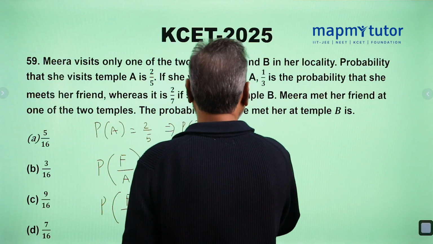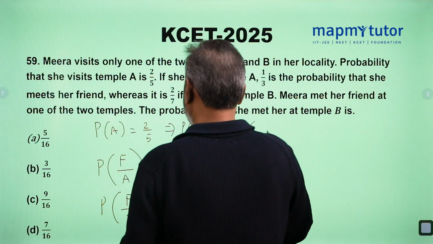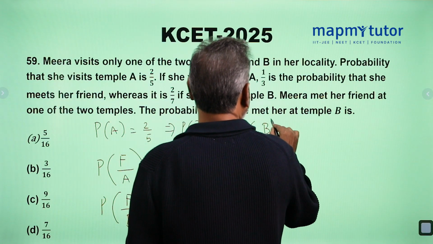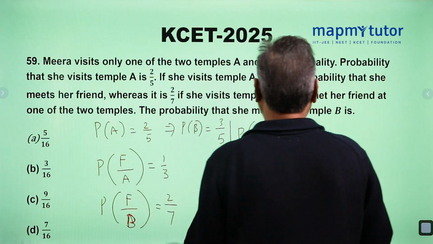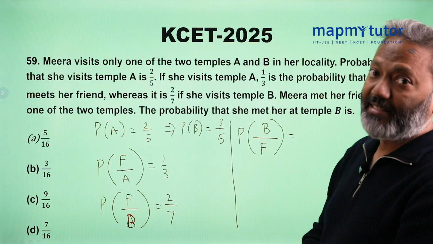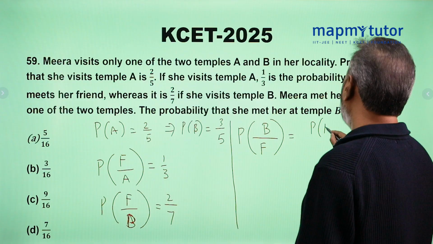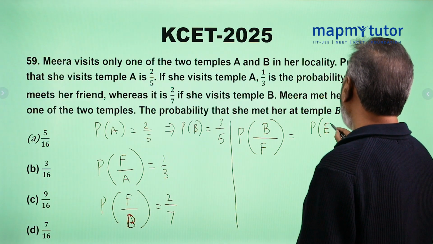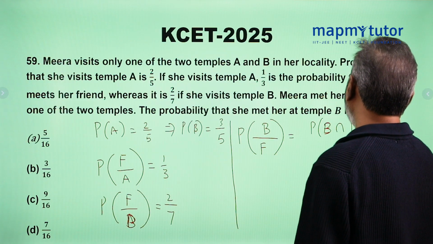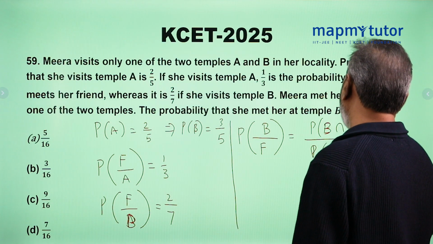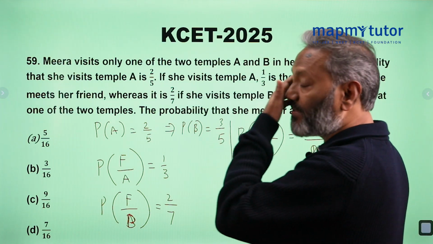That means she already met her friend. Then what is the chance that she met her friend at temple B? This is your favorable case. So P of B given F. By definition, it is P of B intersection F by P of F. This P of F has two chances.